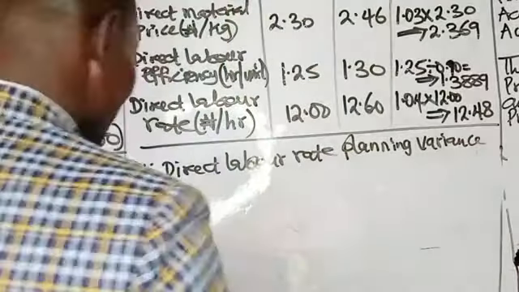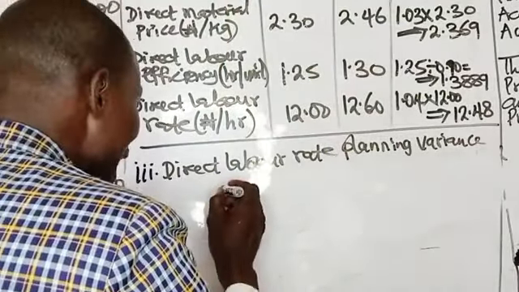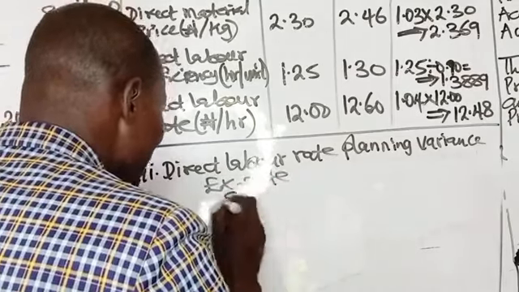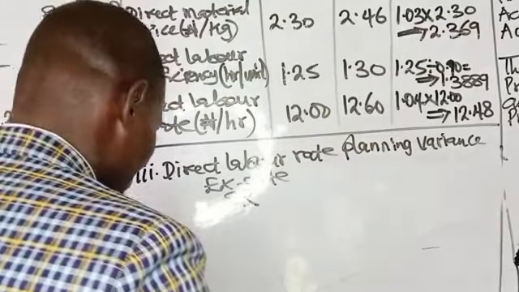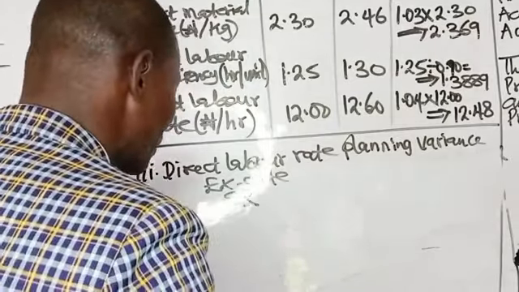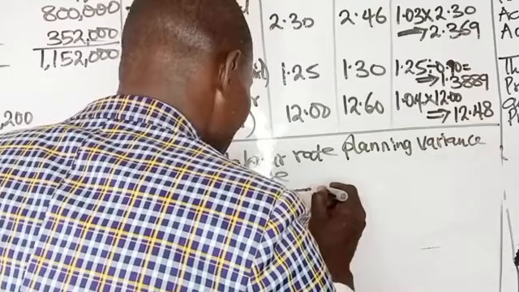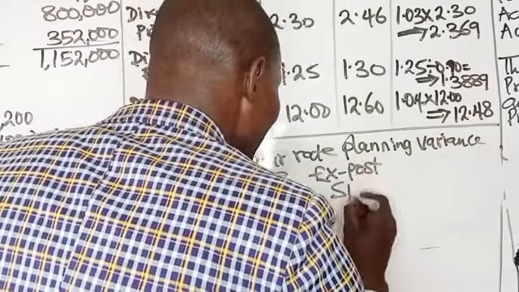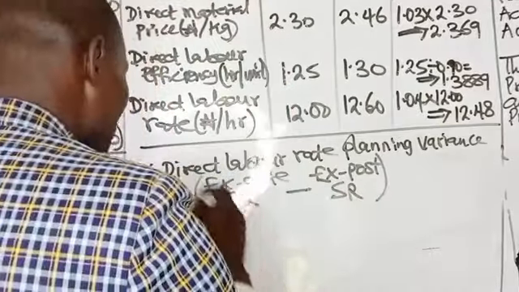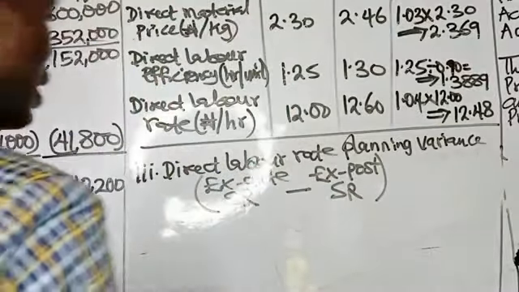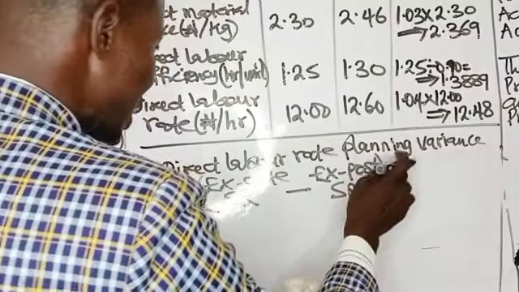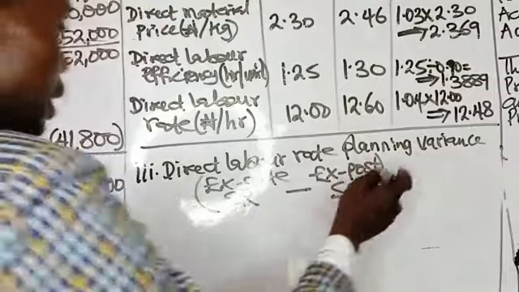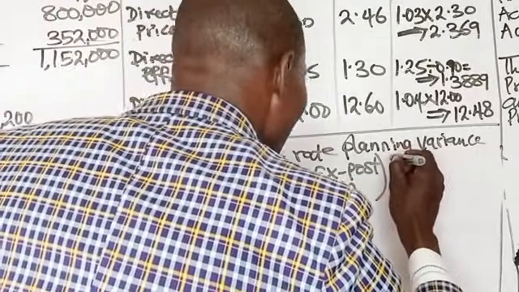So, which is S and T standard rate minus S post standard rate, multiplied by, so it is what you have here that determines the weight. Since you are finding the difference in rate, the weight should be in hours. So we have S post.